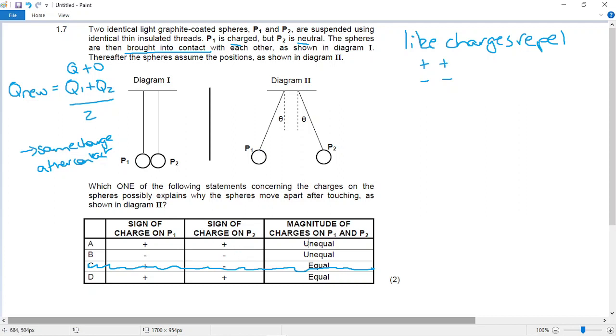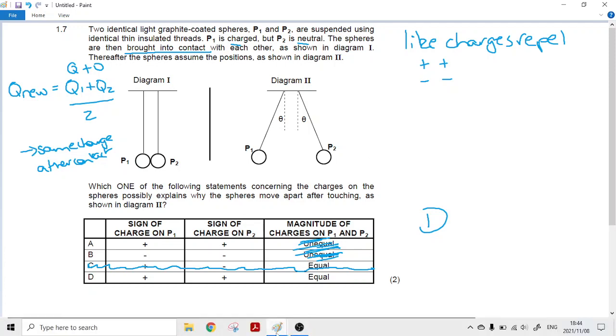But these charges after contact cannot be unequal, because the charge always averages out in a physical process. So the answer has to be D. Both spheres have a positive charge, and the magnitude of the charge is equal due to the law of conservation of charge.